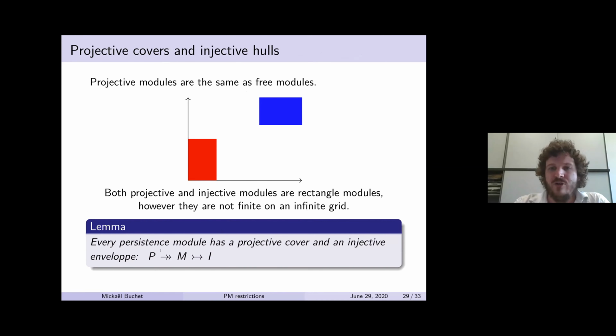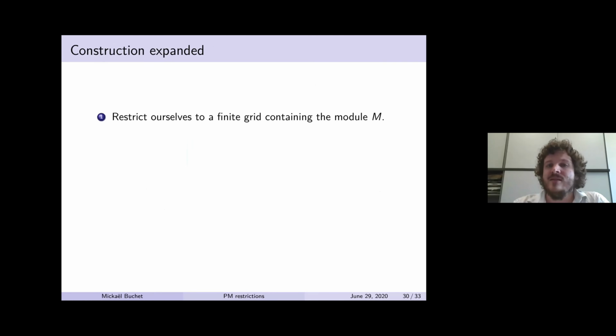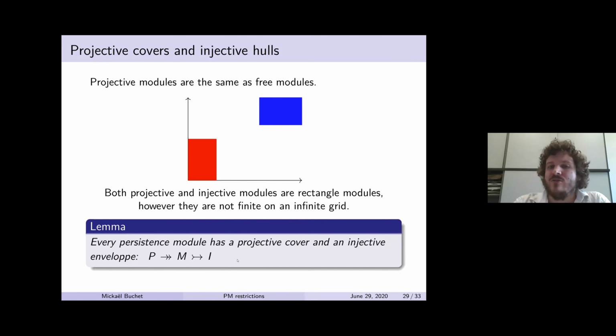So I can find a canonical way to have this direct sum of projective modules, which are rectangle modules. This is the rectangle decomposable. I have an injective here, which is also rectangle decomposable. And I can just use my construction on P, the primal one, the dual one on P, the primal on I, and then I will have what I want.